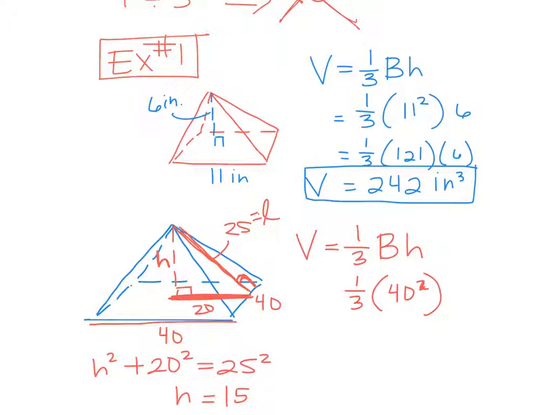So this height is our 15. And then you literally just plug that in. And again, don't plug in 0.3. Plug in 1 divided by 3 times 40 squared times 15, or use the fraction key. I don't care how you do it. Or multiply it and then divide by 3. That's fine too. So you could do 40 squared times 15 and then divide by 3, and you get 8,000.